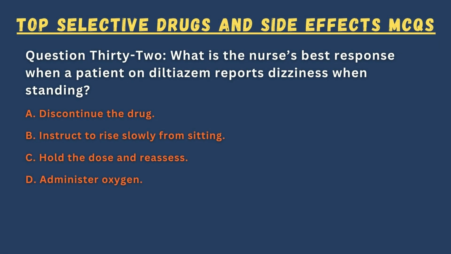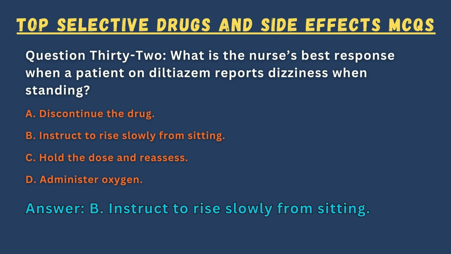What is the nurse's best response when a patient on diltiazem reports dizziness when standing? A. Discontinue the drug. B. Instruct to rise slowly from sitting. C. Hold the dose and reassess. D. Administer oxygen. Answer: B. Instruct to rise slowly from sitting.